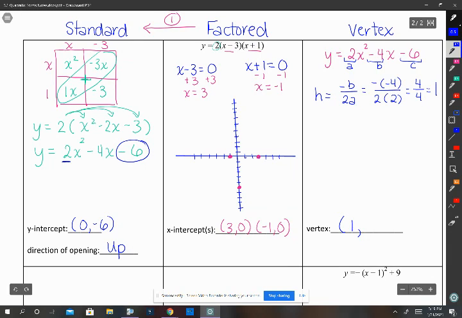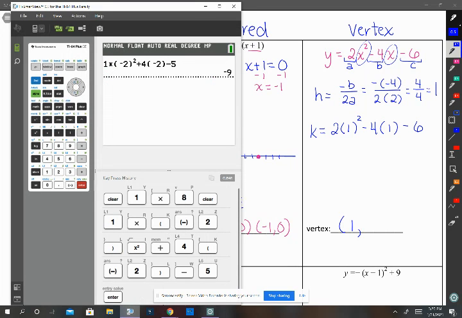And then to find K, we're going to take 1 and plug it in. So our K value is going to equal 2 times 1 squared. So everywhere there's an x, we're going to put in 1. And then minus 4 times 1 minus 6. And we can either put that in our calculator.